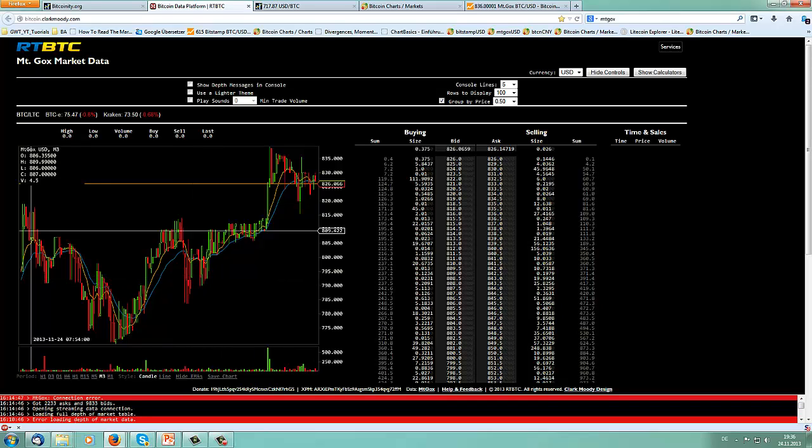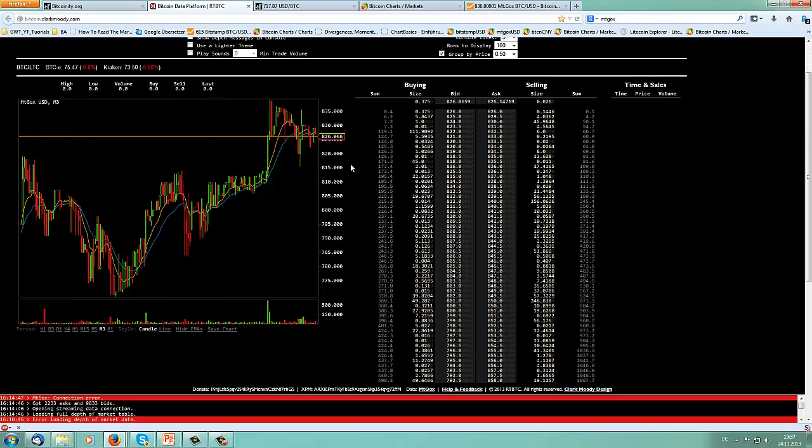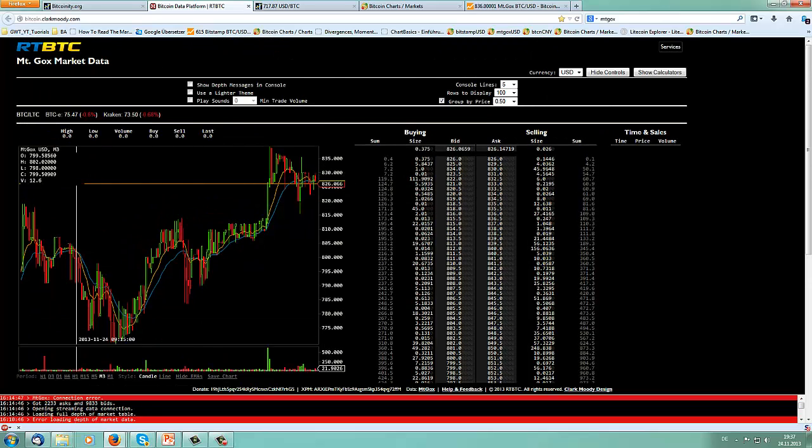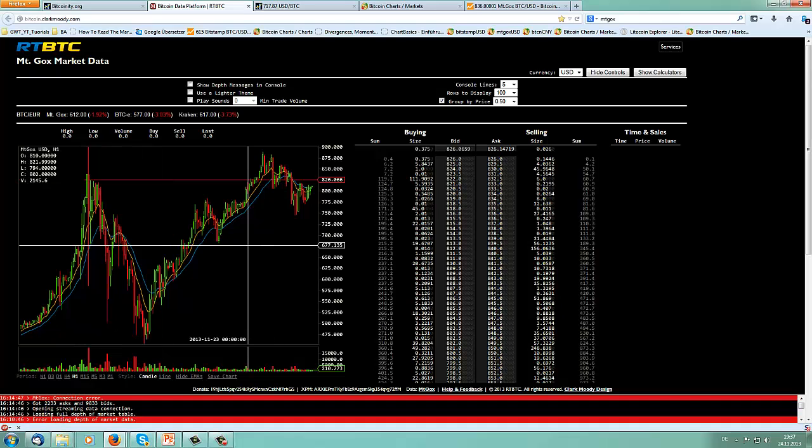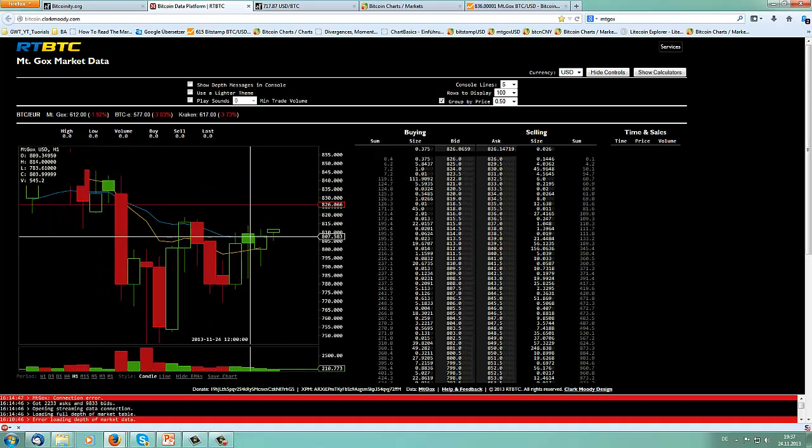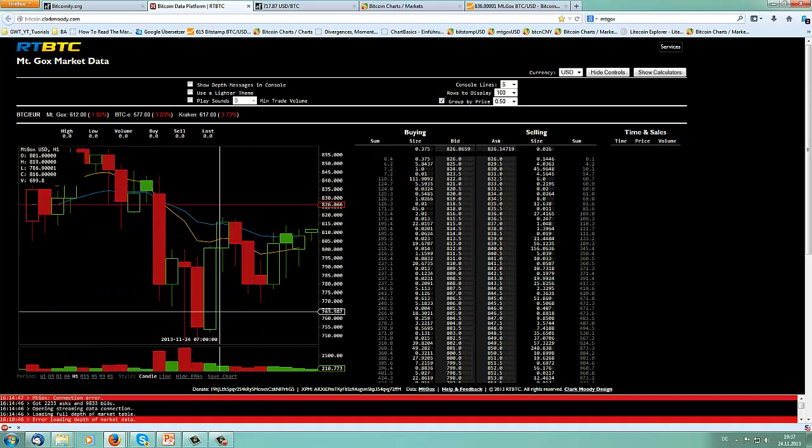For example, you get a candlestick chart, and candlesticks are really interesting because each candle has different points.